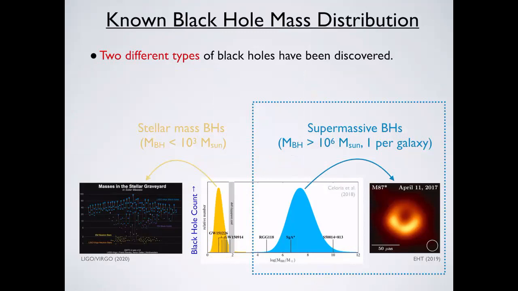But the obvious question that you may ask is, why is there a gap between these yellow and blue peaks? Of course, there are some observational constraints. We don't yet have a good eye to look into those ranges, say between 1,000 to a million solar masses, because that's not covered by any of the detectors or telescopes of mankind.